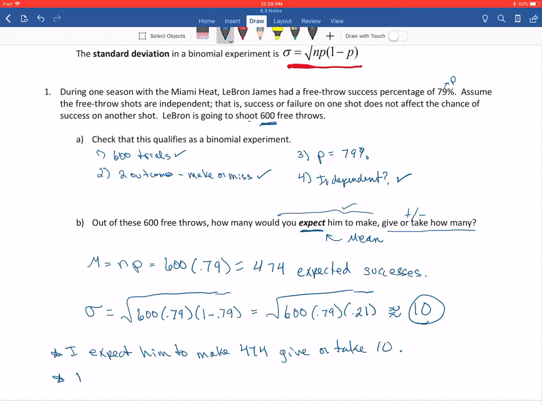Or another way we could say that, depending on the phrasing or maybe how MyLabs Plus asks for it, you could say something like, I expect him to make between, and maybe go ahead and add and subtract that to it. So if you take 474 and subtract 10, that would be 464. And if you do 474 plus 10, you would get 484. So you could also make that statement.